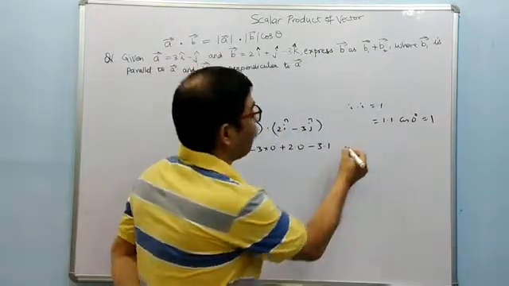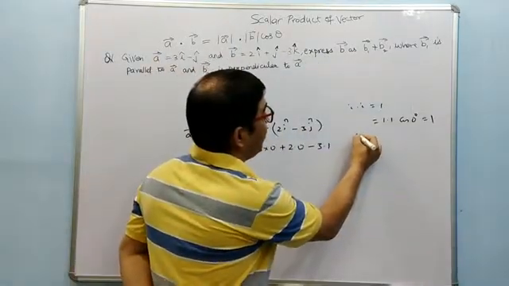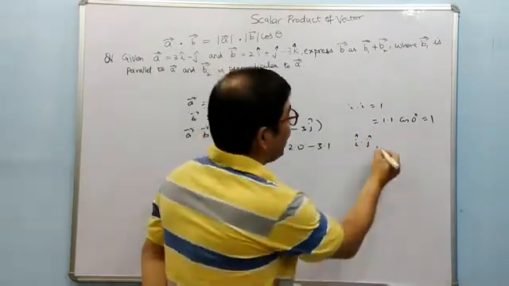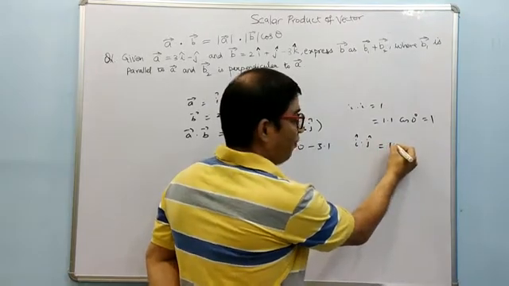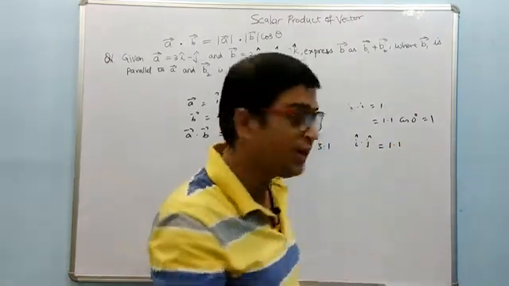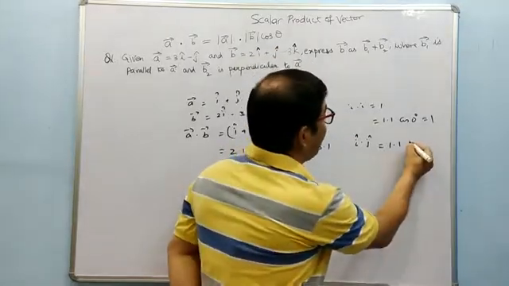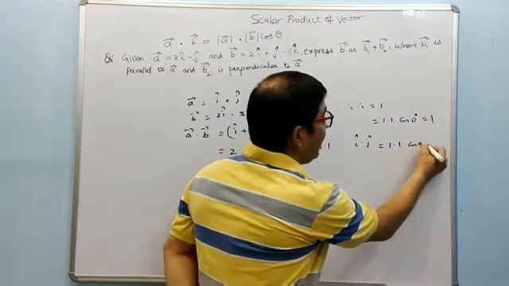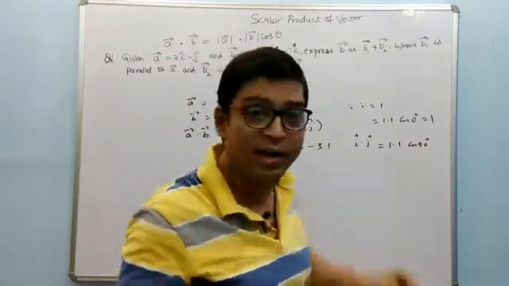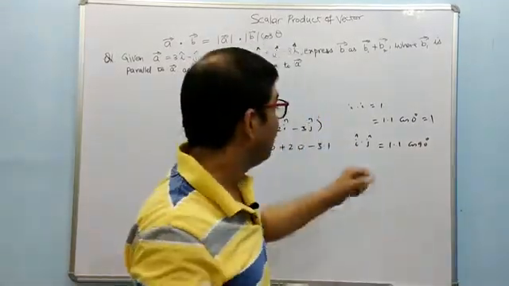And wherever you have to find the dot product of dissimilar unit vectors, say i dot j, what is that? Magnitude of i is 1, of course, and that of j cap is also 1, because these are unit vectors, and the angle between them is 90 degrees, because this is the unit vector along the x-axis and this is the unit vector along the y-axis.